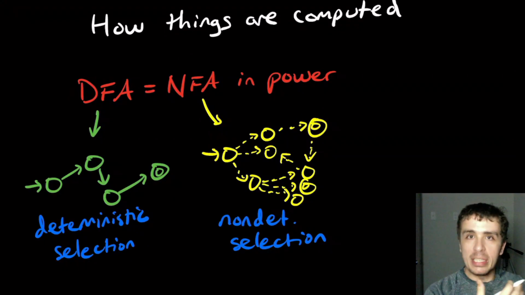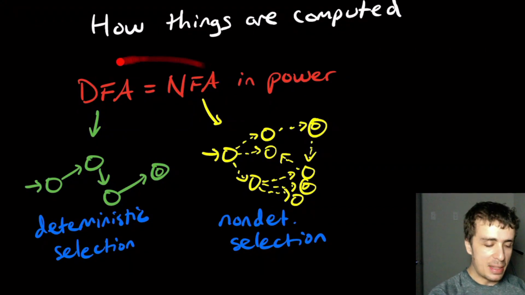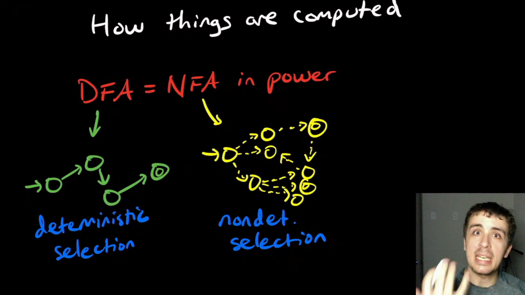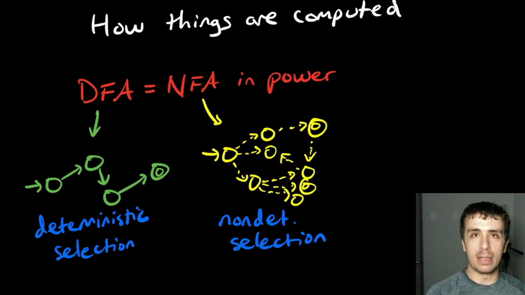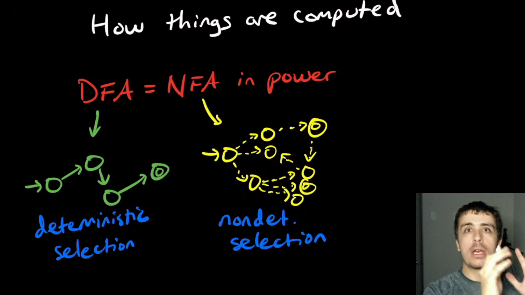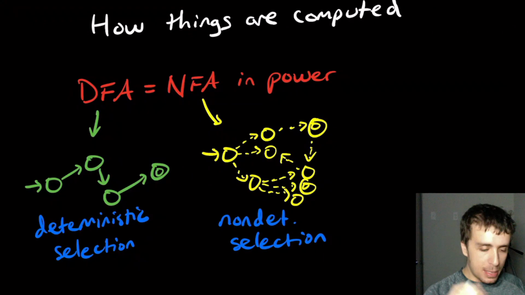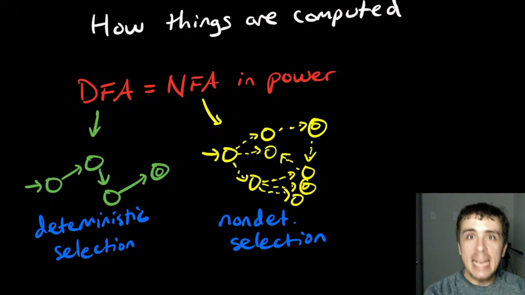As long as it reads the whole input, of course, but that's just a detail that I'm going to gloss over. The important thing to realize is that these two devices, even though they are equivalent in power, compute things differently. And so there's not necessarily a canonical way of computing something. There's maybe a canonical representation of something, but not in terms of the actual computation. So that's the second reason.